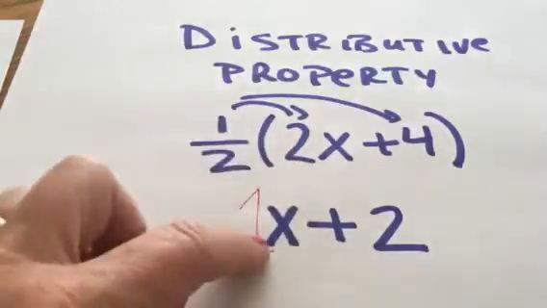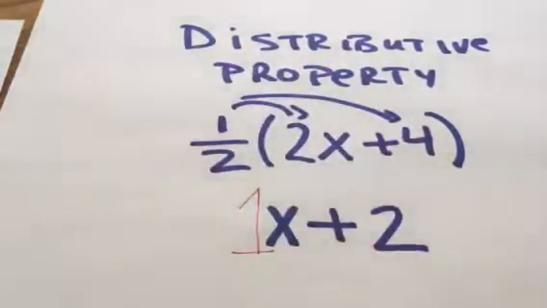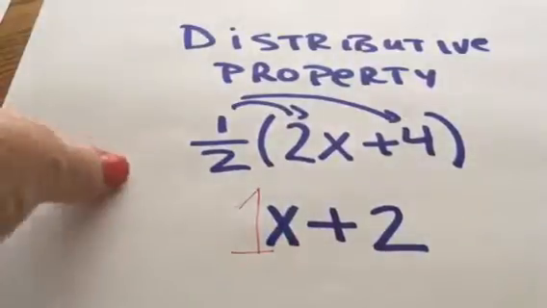So 1/2 of 2x is x, 1/2 times 4 is 2, and voila, no parentheses anymore. It already looks better. I also sometimes will include the 1 as a reminder that we have 1x here. Don't forget it.